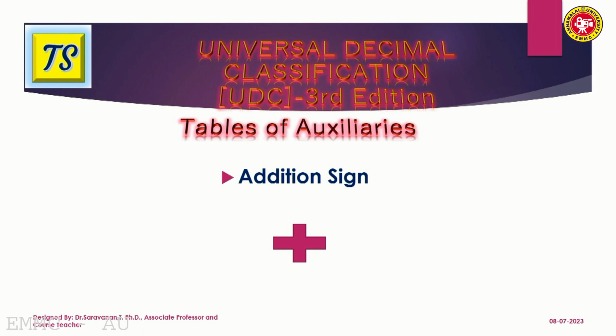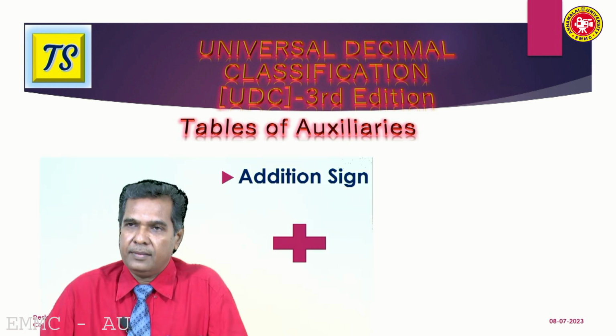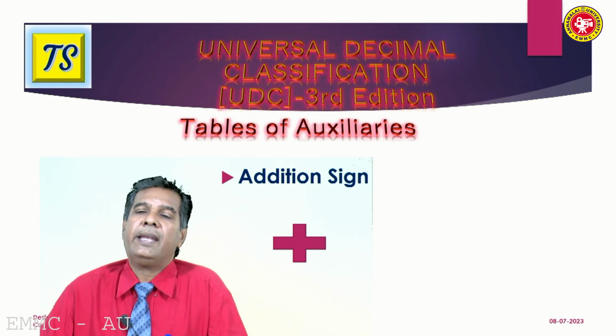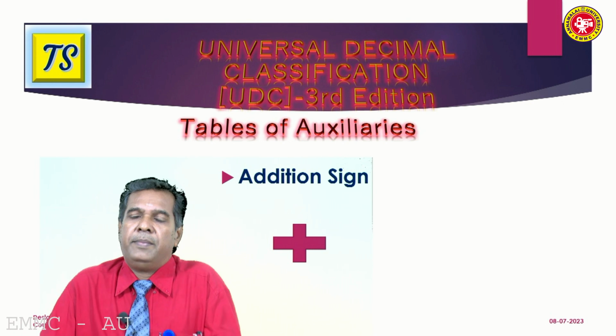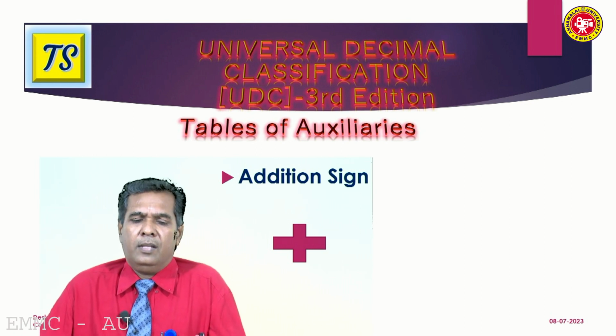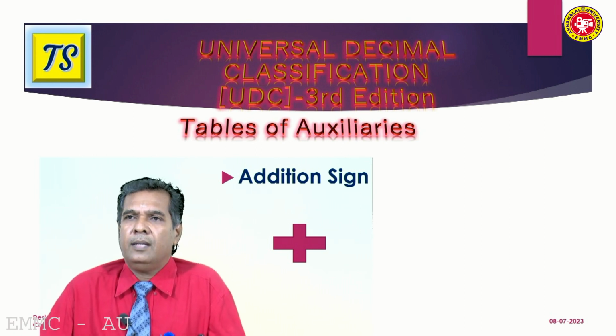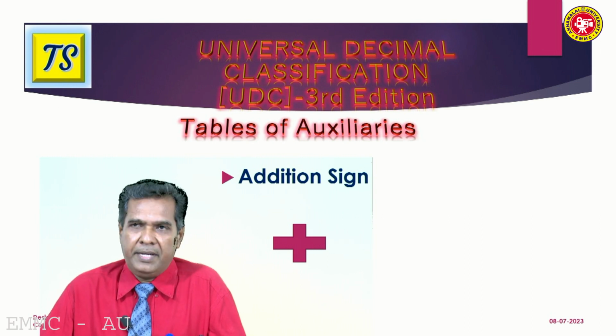Let us see what are the auxiliaries available under the tables. The first one is the addition sign. The addition sign helps to connect two different classes. That means the focus of the two subjects must be different.